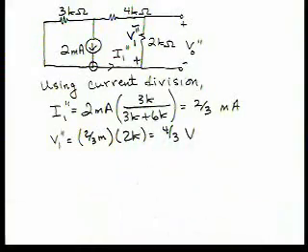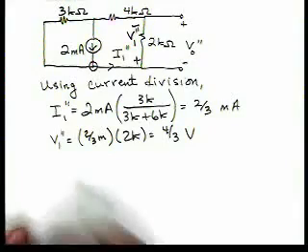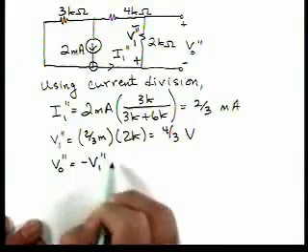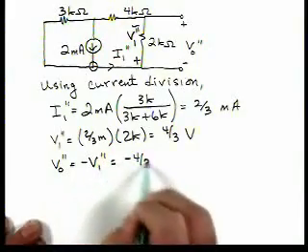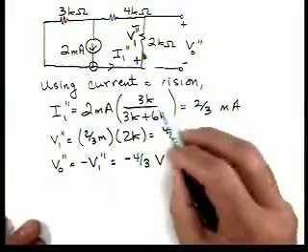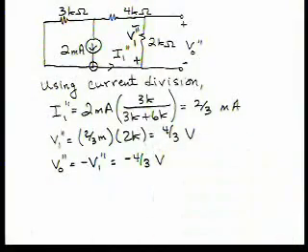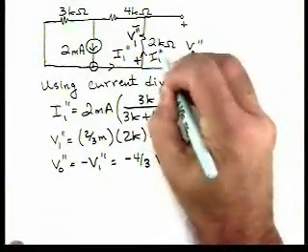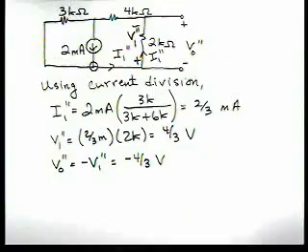Now, if I look at my circuit, I can see that V0 double prime has the opposite polarity of V1 double prime, so V0 double prime is minus V1 double prime, which is minus 4/3 of a volt. I1 double prime also flows through this resistor, and using the passive sign convention, that gives me the polarity for V1 double prime.